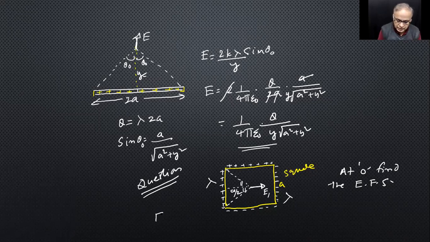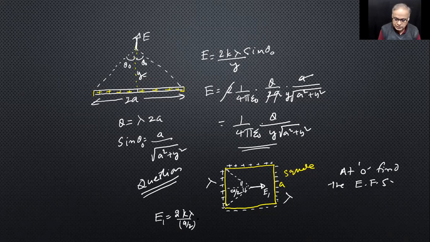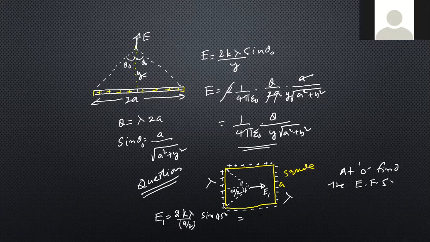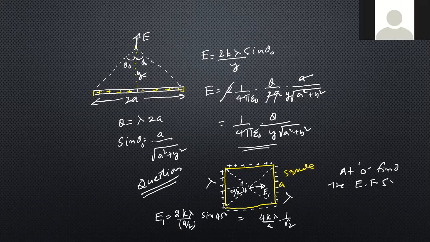So E1 can I write straight away using the formula as 2k lambda by A by 2 sine theta naught. Theta naught is 45. Sine 45, how much is this? 4k lambda by A into 1 by root 2. Now it is easy. Due to minus charge, it will be in the same direction.